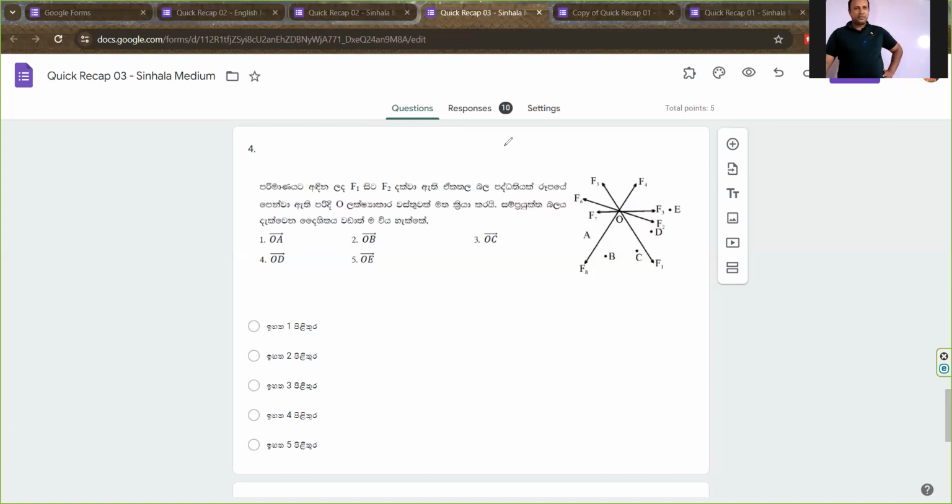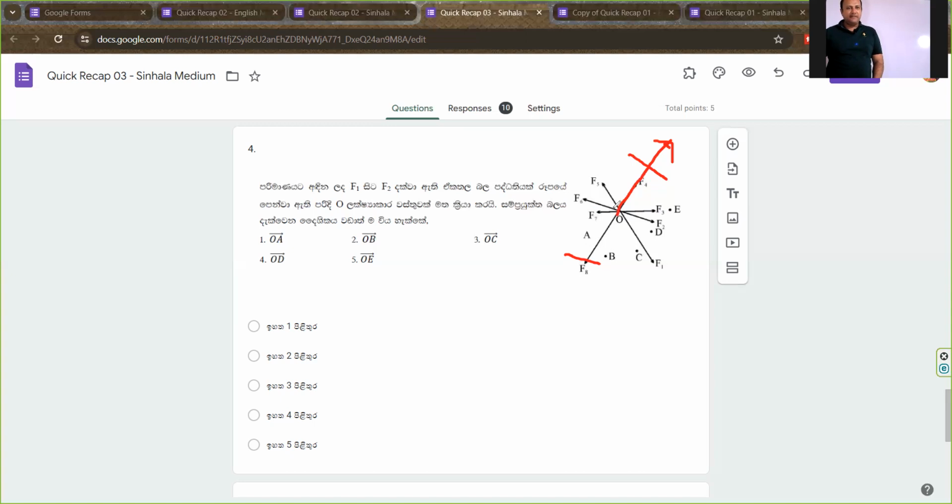Now the force in the F4 direction is something like this. Then I can eliminate or omit these two forces: one is the resultant and the other is F4. Therefore, I can cancel out these two.